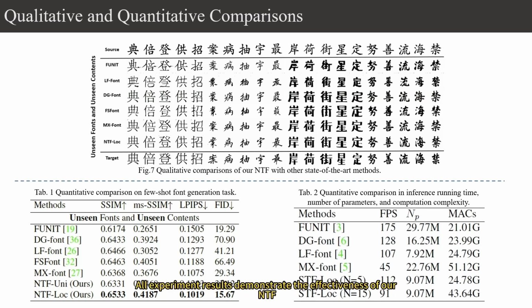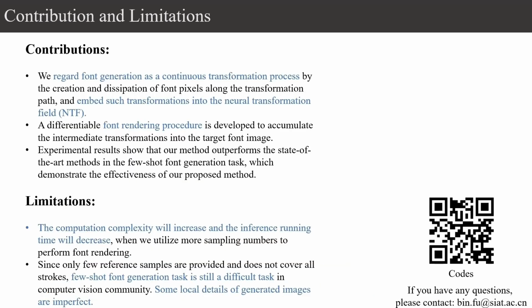All experiment results demonstrate the effectiveness of our NTF, and we hope our current work can provide some novel insight on font generation task. In the end of this presentation, we summarize the contributions and limitations of our current work. In this paper, we regard font generation as a continuous transformation process by the creation and dissipation of font pixels along the transformation path and embed such transformations into the neural transformation field, NTF.